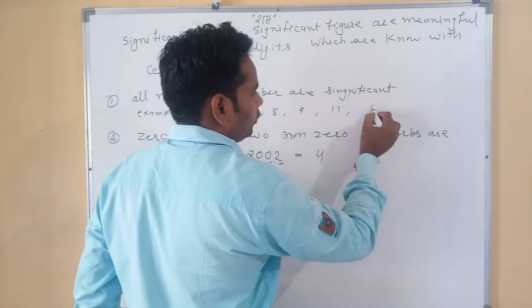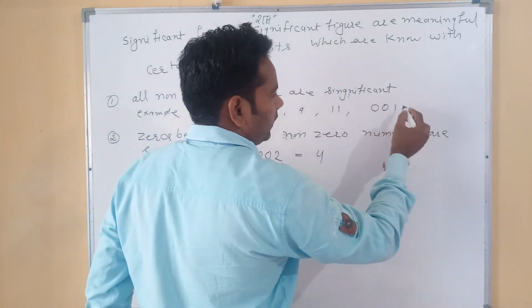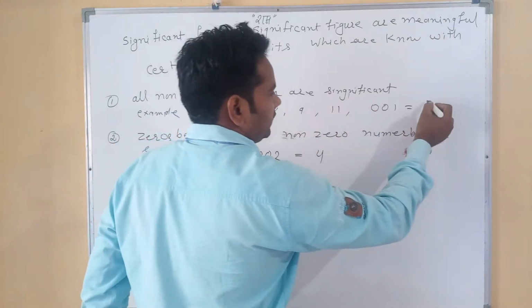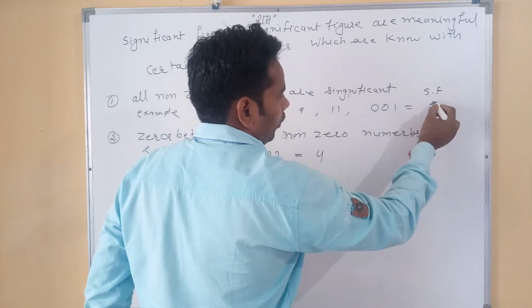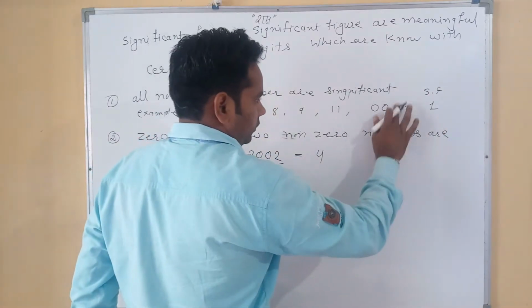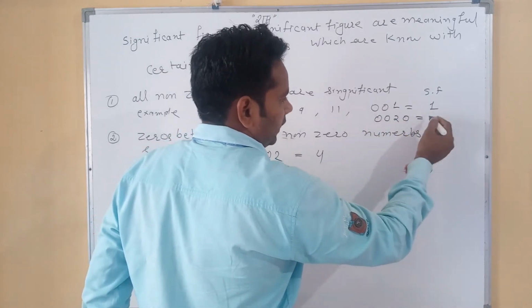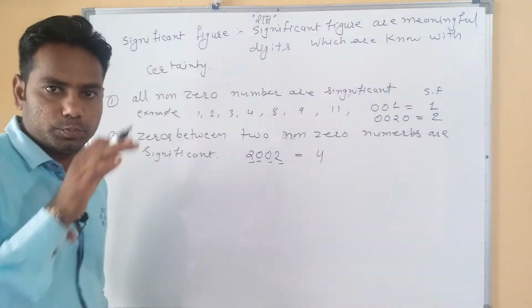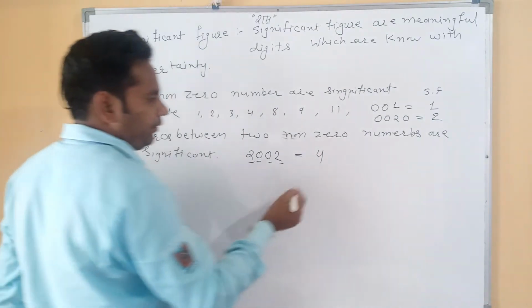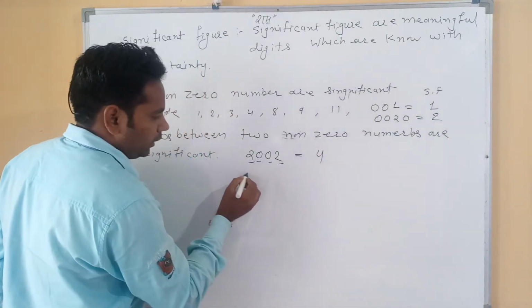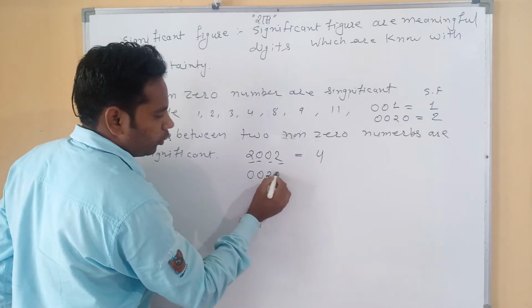If I mention here 001, so here significant number is only 1. Suppose 1, 0, 0, 2, 0. Here also significant number is only 2. Clear? Then one more example, 00202.